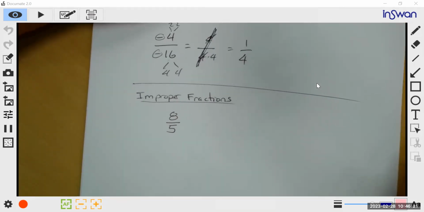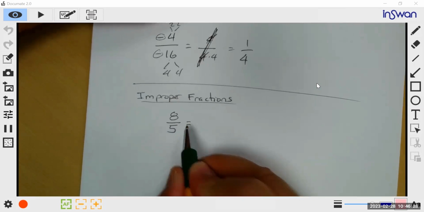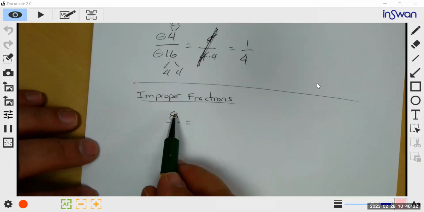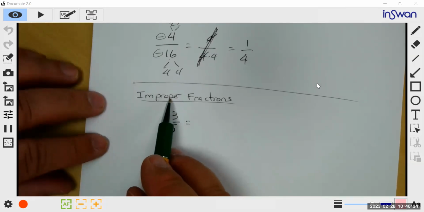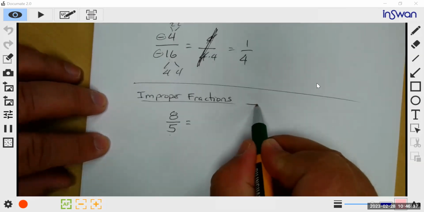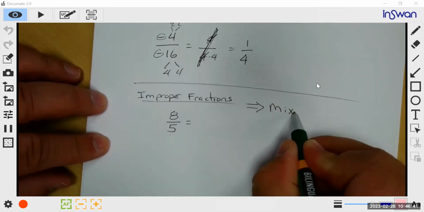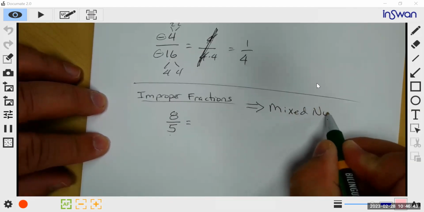The top number is bigger than the bottom. So since the top number is bigger than the bottom, we know we have an improper fraction. Improper fractions are turned into mixed numbers.